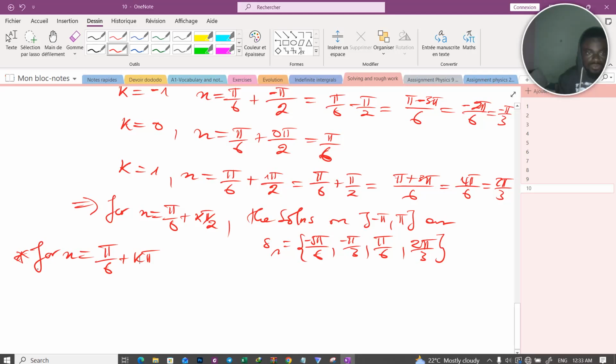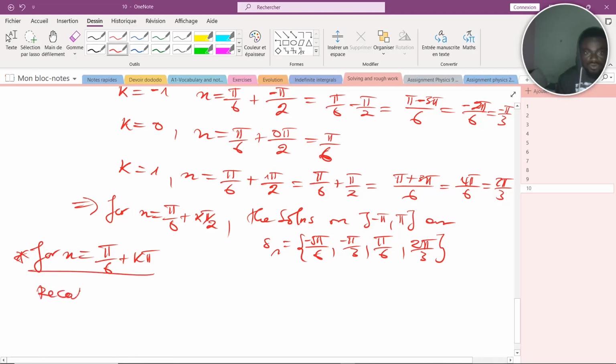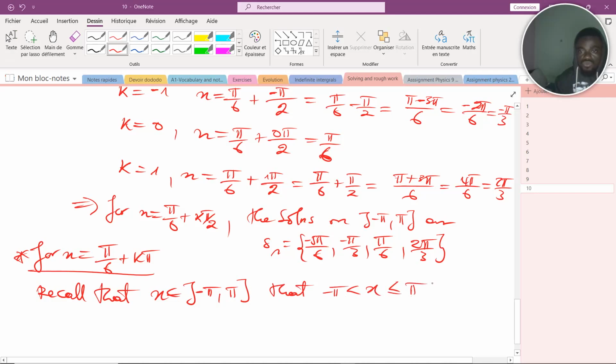Recall that in the exercise, it was said that x belongs to minus pi. Is that okay? We were asked to solve things in this interval. X belongs to this. That is, x is strictly greater than minus pi, but less than or equals to pi.